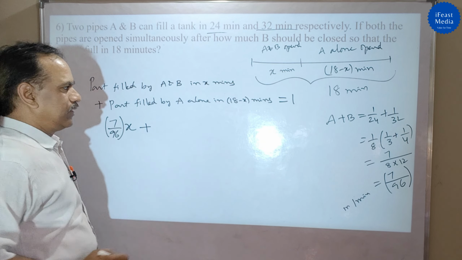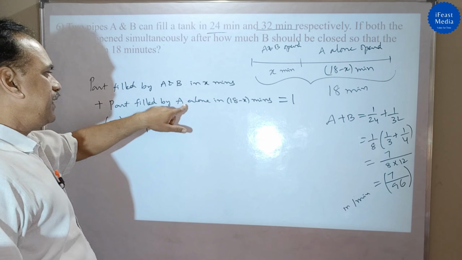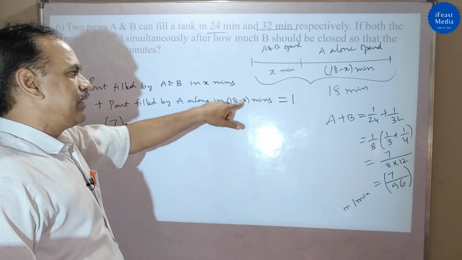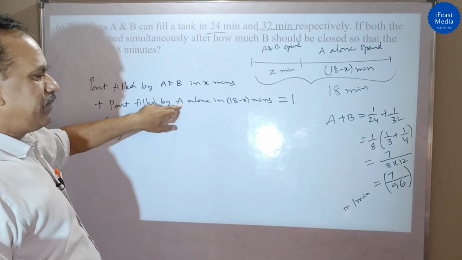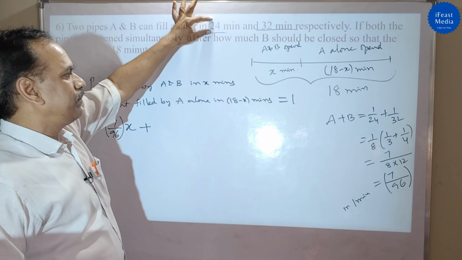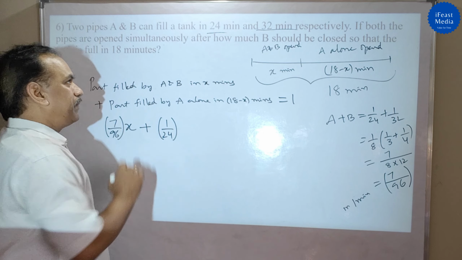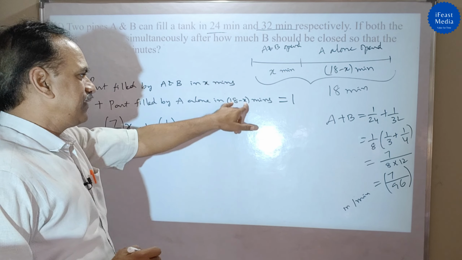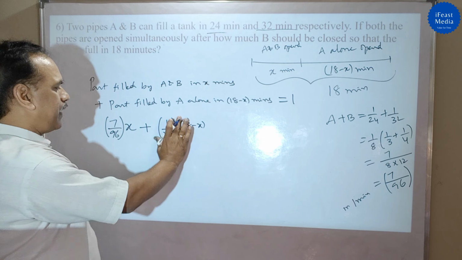Similarly, the remaining part is filled by A alone in 18 minus X minutes. A can fill 1 by 24 part in 1 minute, so in 18 minus X minutes, it can fill (18 minus X) into 1 by 24 part.